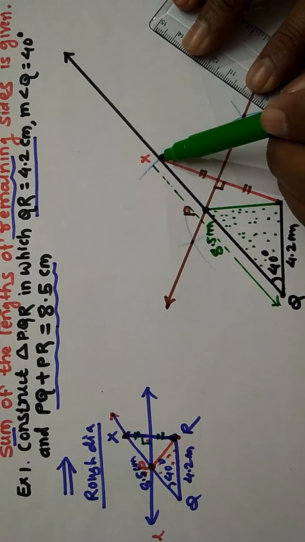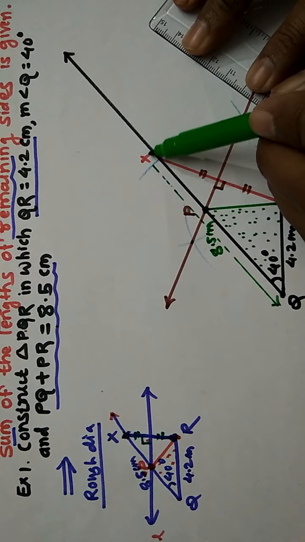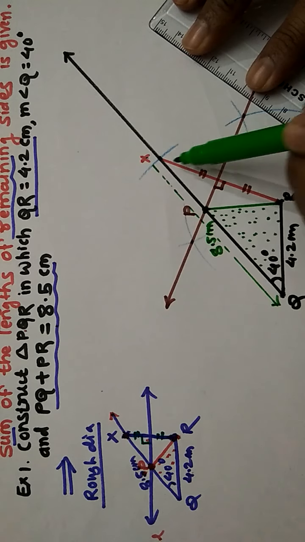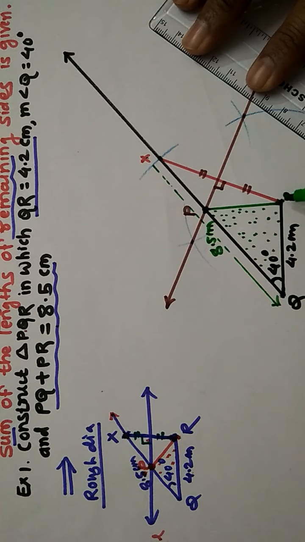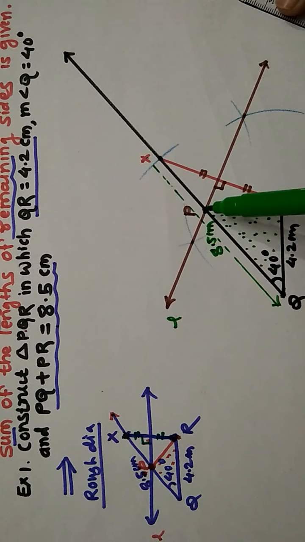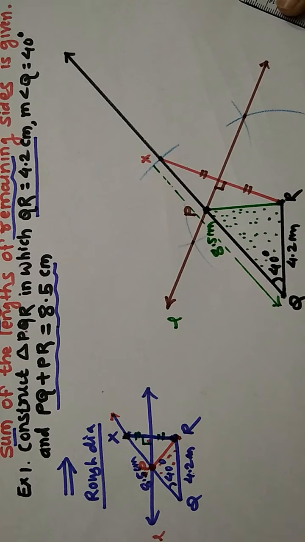Name the point, other than P, Q, R, as X. Now join point X and R. Draw the perpendicular bisector of XR. Where this line intersects the ray, that point is P. And join point P and R. We get required triangle PQR.